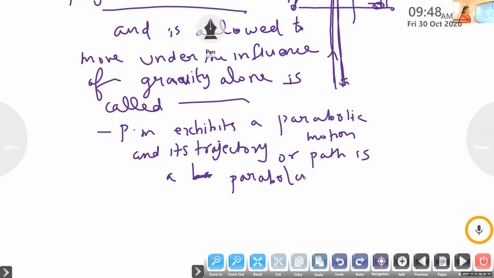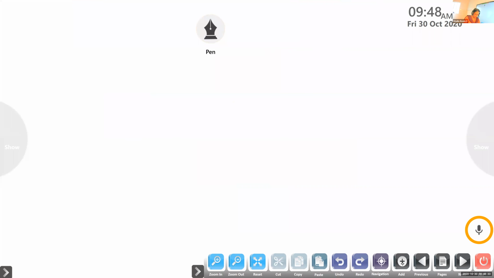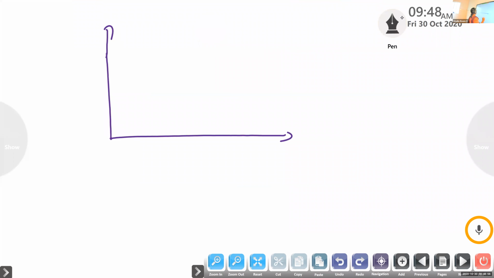Okay. So let us have a picture. All of you draw the picture. And here we are going to explain the velocity components in terms of x component and y component. You have only the x-axis and y-axis. Make a parabola, and this is 0.